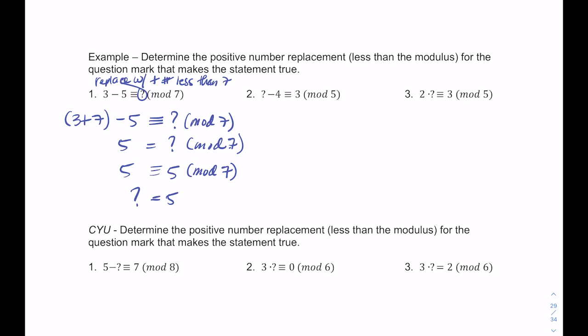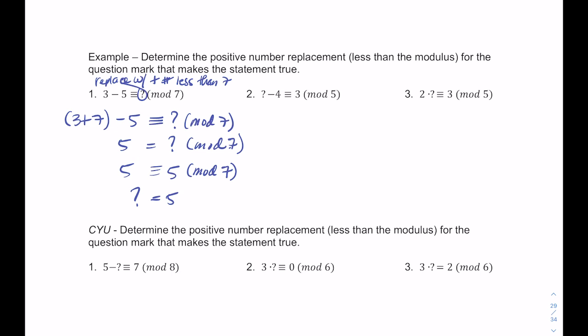So we know that if this is 5 here, 3 minus 5 gives us negative 2. And we know 7 can't go into negative 2. So think of 7 basically into nothing. There would be a remainder of 5 there.